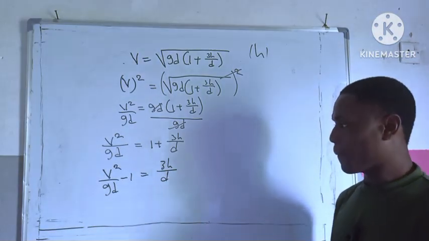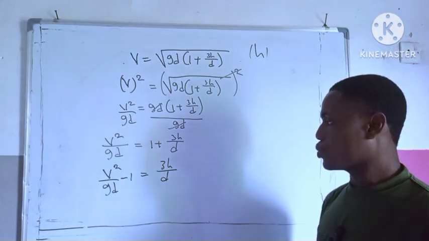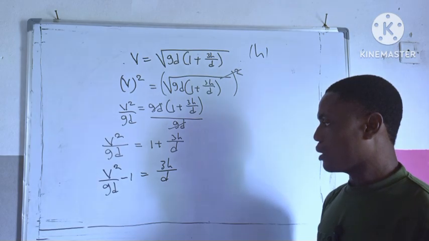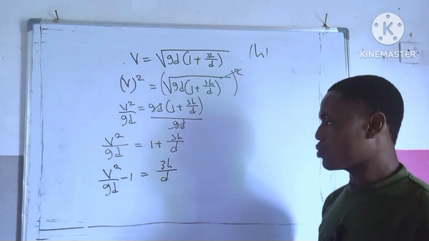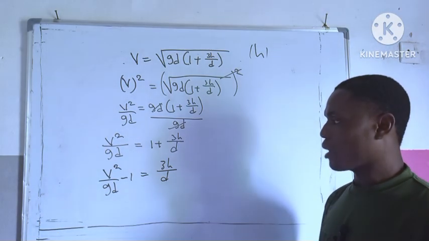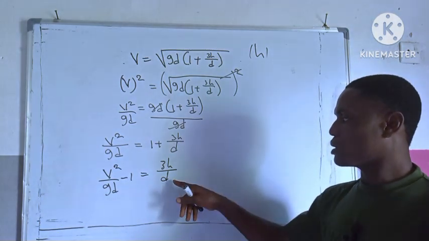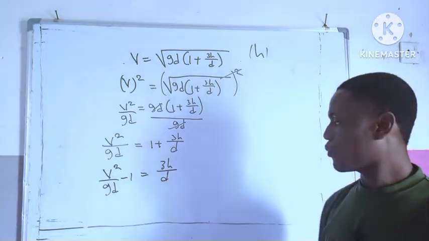The next thing to do is multiply the left side of the equation by the denominator, this d.